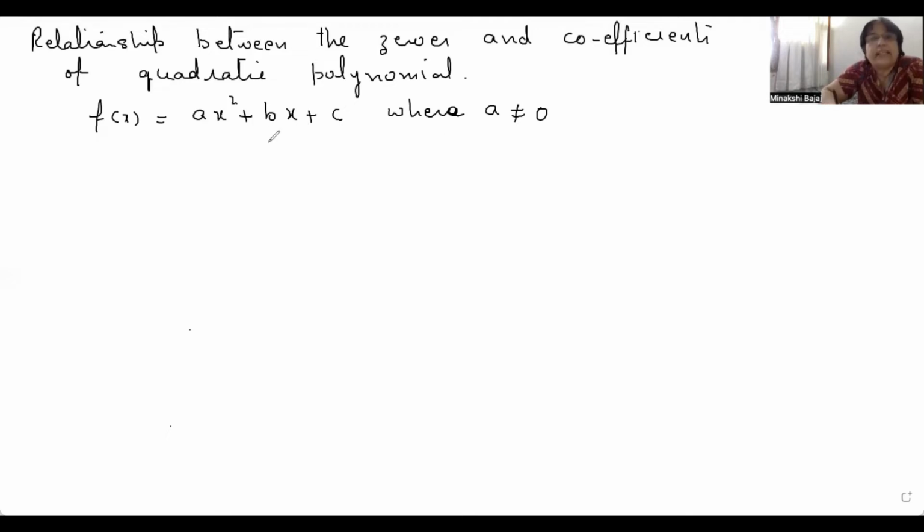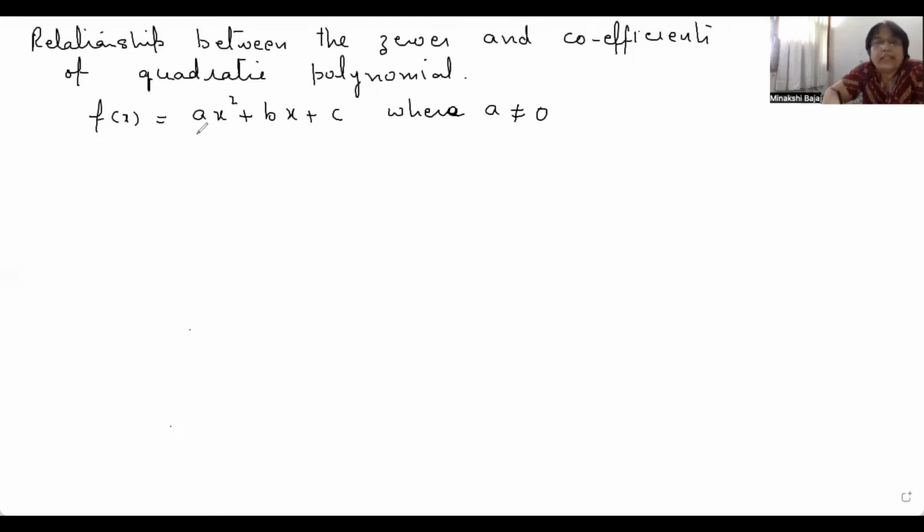If I say a is 0, then this ax square becomes 0, and then it is a linear polynomial. That is why we write a is not equal to 0. So ax square plus bx plus c, where a is not equal to 0, is a polynomial of degree 2.